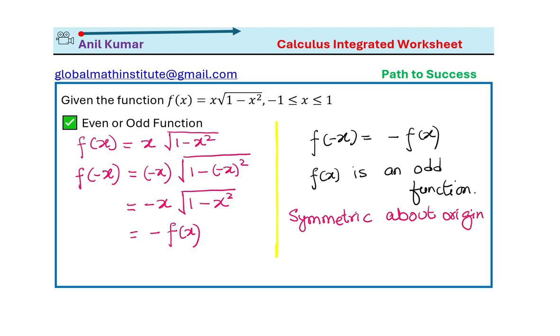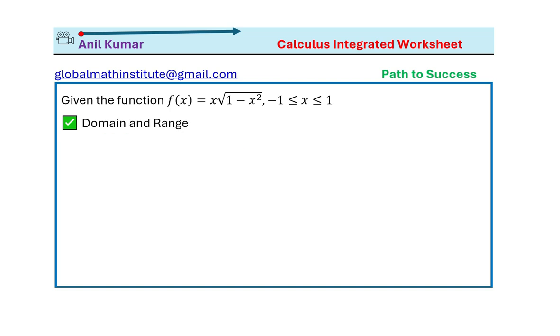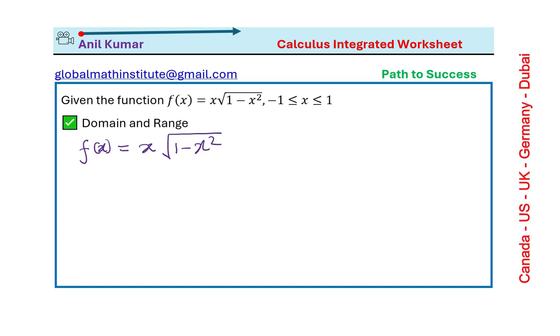Correct. Now let's move on to the next topic, which is how do we find domain and range? So once again, let's take this function f of x equals x times square root of 1 minus x squared. Now x, this part has no restrictions.